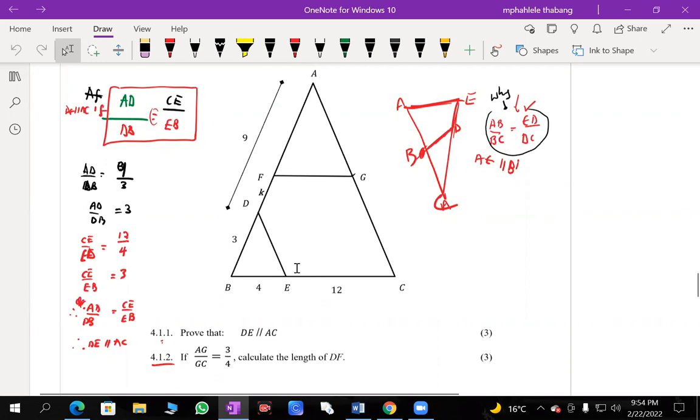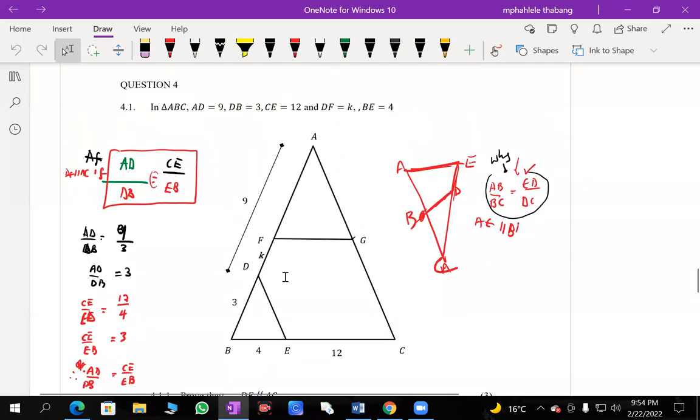We try by all means, because we can only talk about DE. AC over DE is equal to BC over BE.